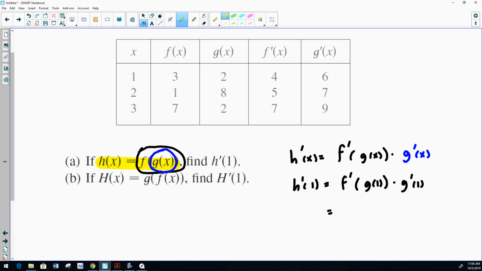Okay, go ahead and do all of B, and I'll show you the result. So work ahead, do all of B, and see if you guys get that right.